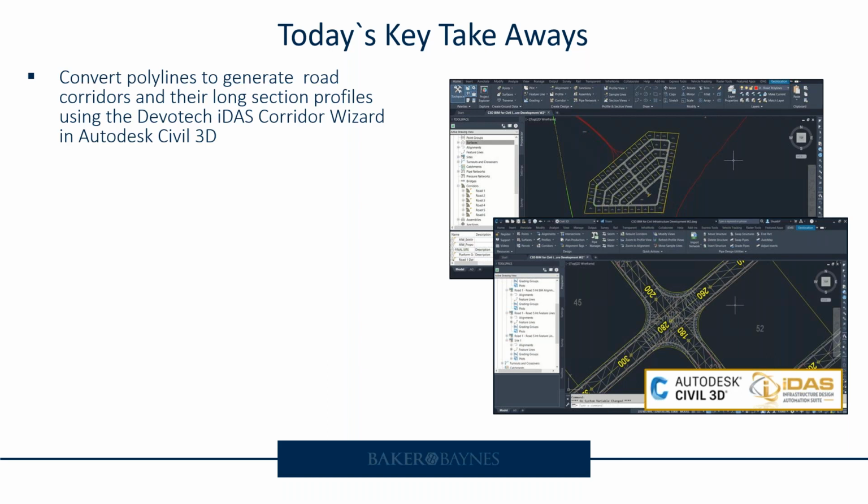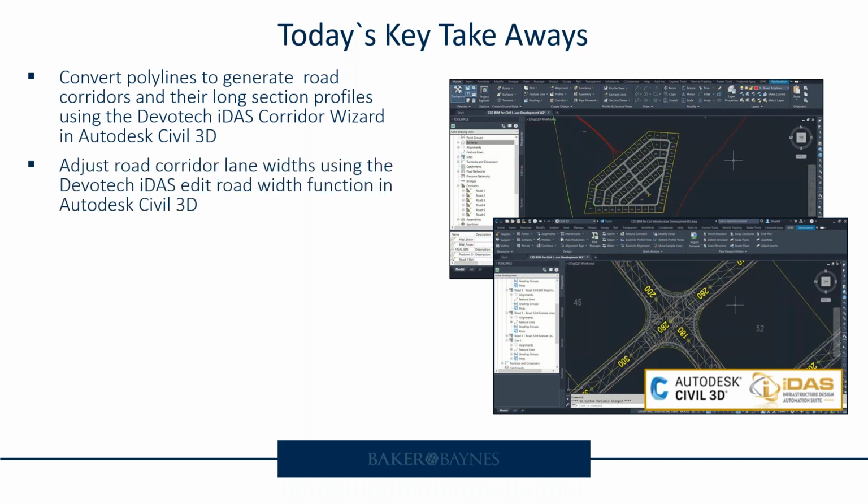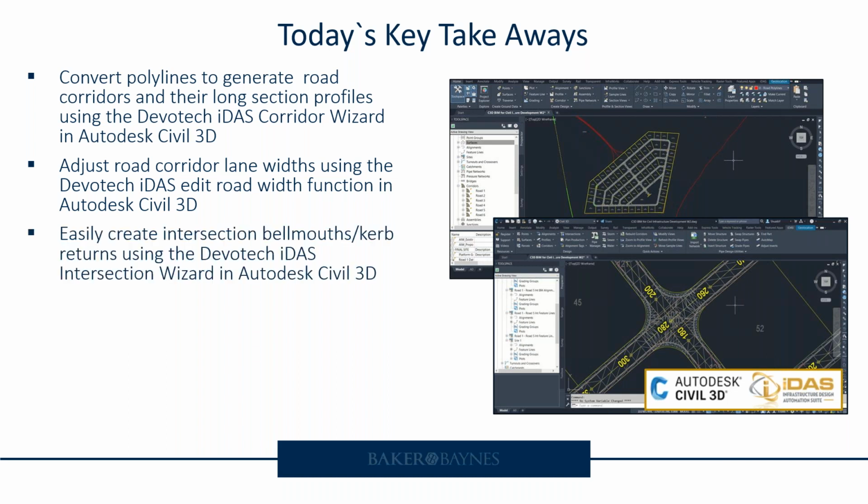So first of all, with Civil 3D and IDAS, you can convert polylines to road corridors with their long sections in a few clicks, right? You've seen that quite remarkably done just now. Then of course you can either adjust an assembly, or you could use the IDAS edit road width function to edit the road width of a corridor in a few clicks, maybe 3 clicks.